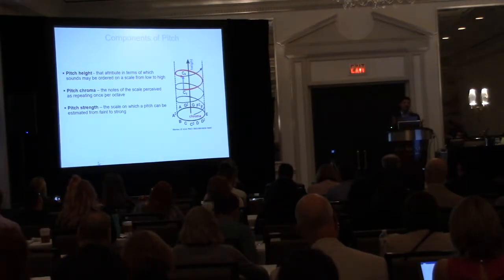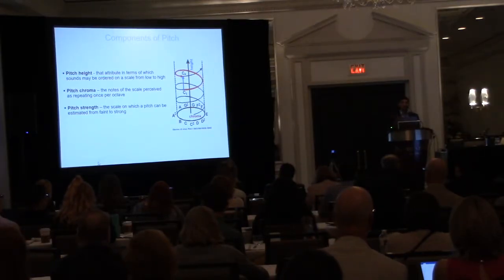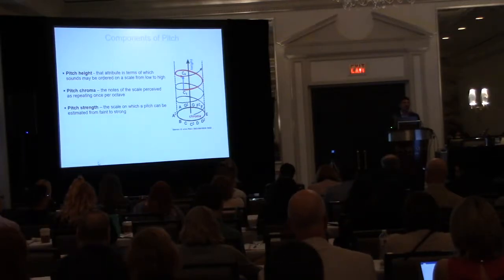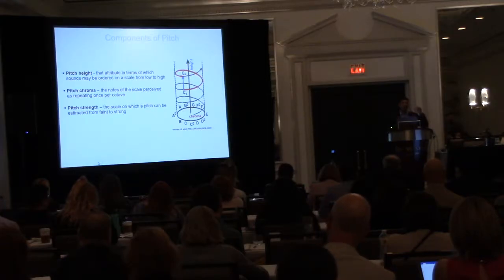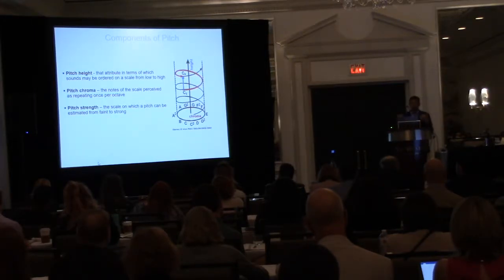So if I have two notes, say the same musical note, one out of, say, a stringed instrument, and let's say a piano and a flute, they may have the same pitch, maybe even the same pitch chroma, but one could have a much higher pitch strength. It's more salient pitch. The other has a lower pitch strength, and that's sort of the flute. A wind instrument will have a lower pitch strength.